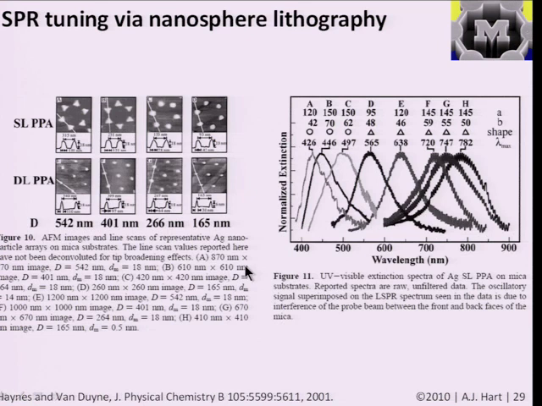So, for example, by tuning the nanosphere lithography process by using spheres with different diameters, so that's the big D here, and also by changing the thickness of the metal that they deposit just based on the thin-film deposition system, and also by doing this single-layer lithography or double-layer lithography, basically getting spherical particles or triangular particles. They're not perfect spheres or triangles. They then experimentally observe that they can tune the position of the primary SPR peak.